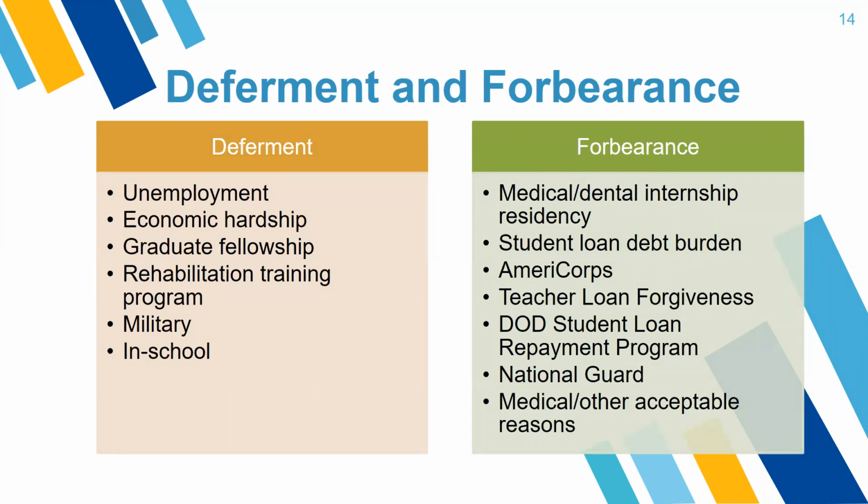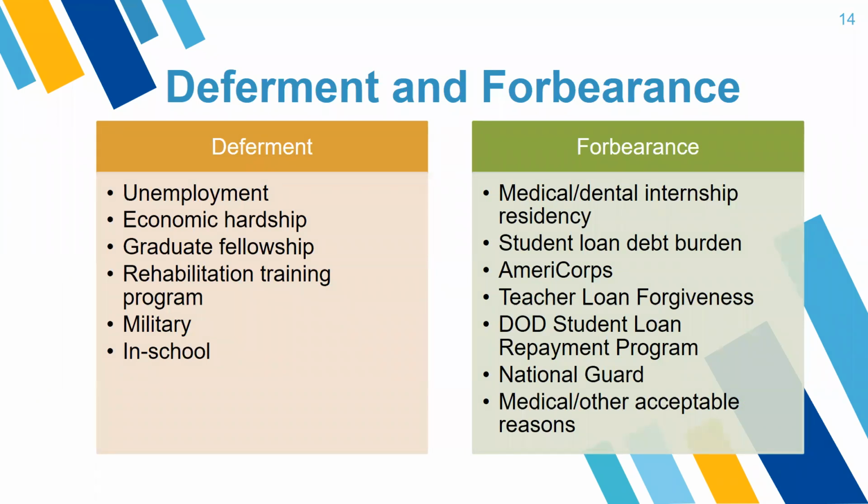You can enter into two different kinds of statuses with student loans called deferment and forbearance. In order to defer or be on forbearance, your loan cannot be in default. When you're in deferment, this means that you're postponing your loans without accruing interest on your subsidized loans. On your unsubsidized loans, interest continues to accrue.